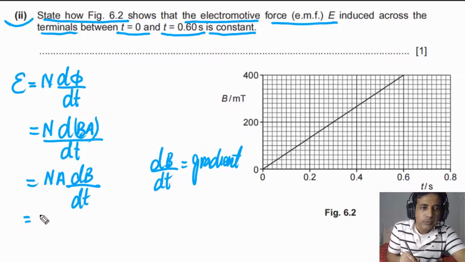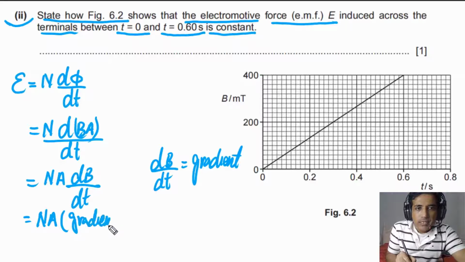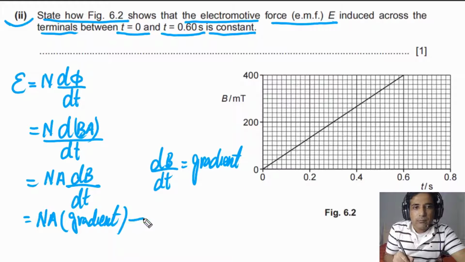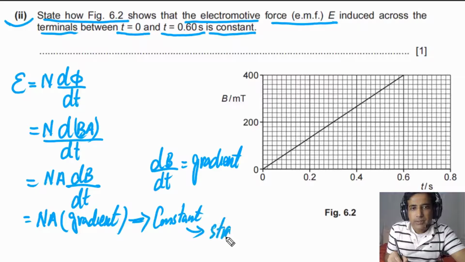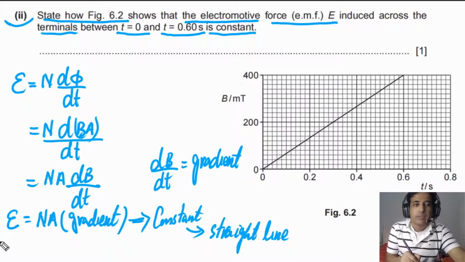So in this case, induced EMF is equal to NA times gradient, and the gradient in this case is constant as this is a straight line. As the gradient is constant, it also means that induced EMF is constant.